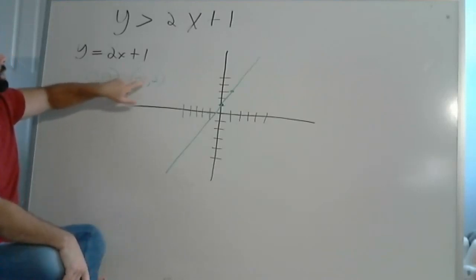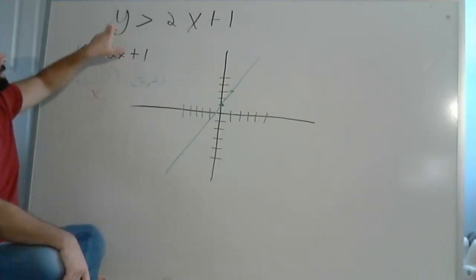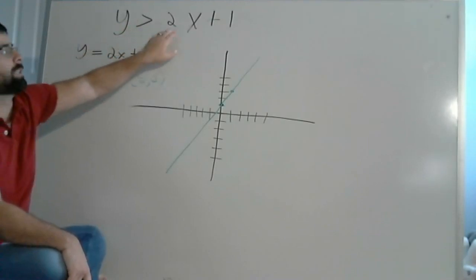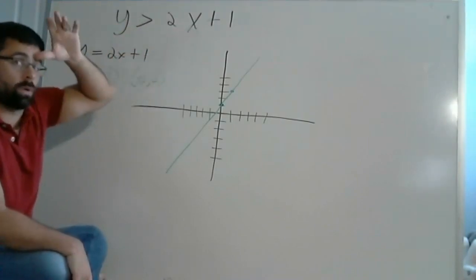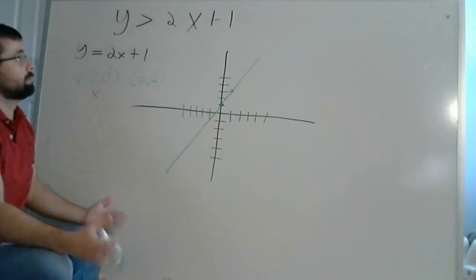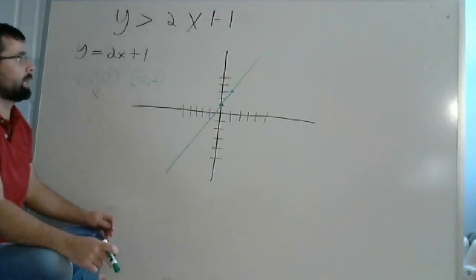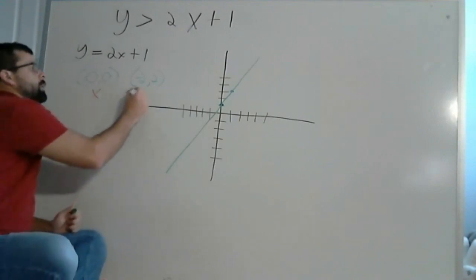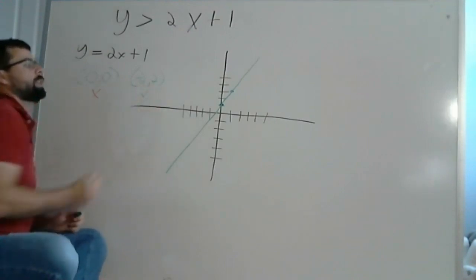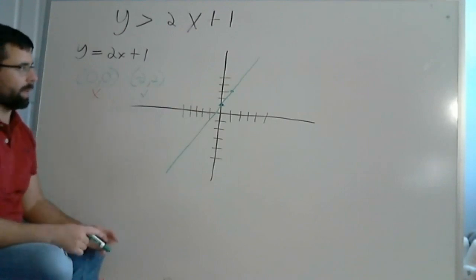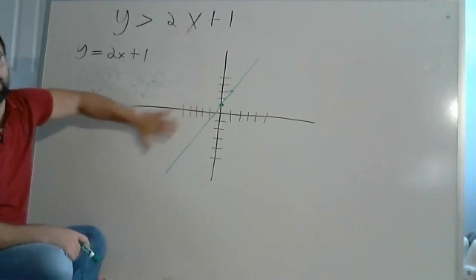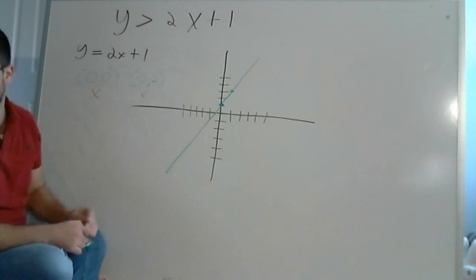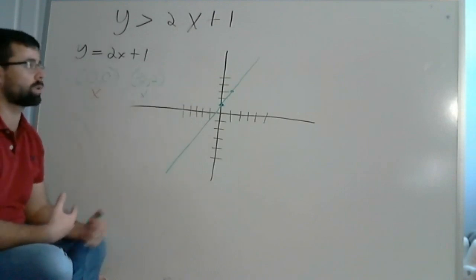So negative 2, 2 means that 2 is greater than negative 4 plus 1, I'm sorry, 2 is greater than negative 3, which is true. This is correct. So that means that all of the points on this side of the line are valid. They all work, they're all correct.